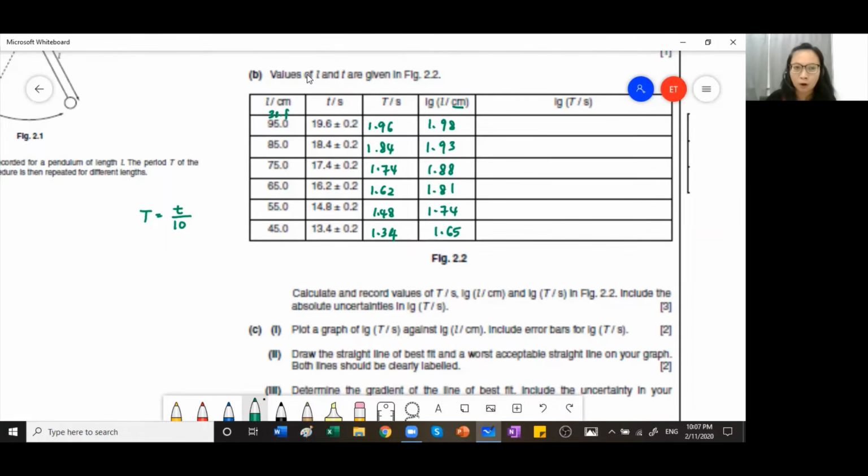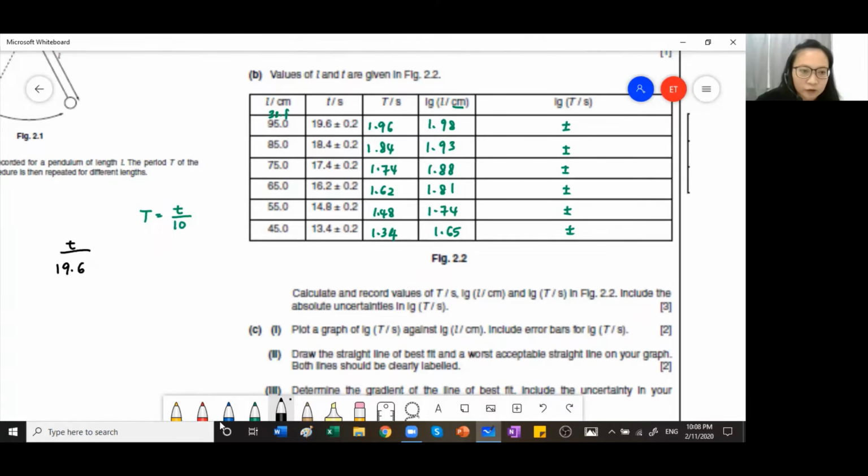And they also ask you to calculate log t together with the absolute uncertainties in log t here. So my advice is, this is how I do it. Since the absolute uncertainties must be included in log t, very simple, I'll just write plus minus for every column here first. Put all the plus minus there, and then I do my delta t first. Look at all my t values here, especially the first one, 19.6.